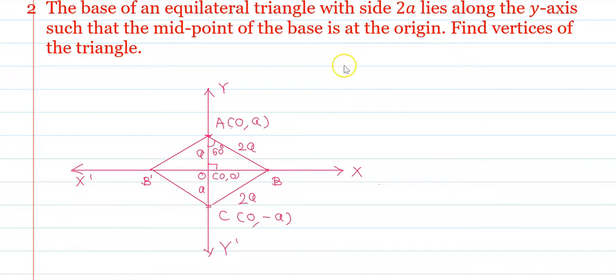Therefore, here we write the vertices of triangle ABC.